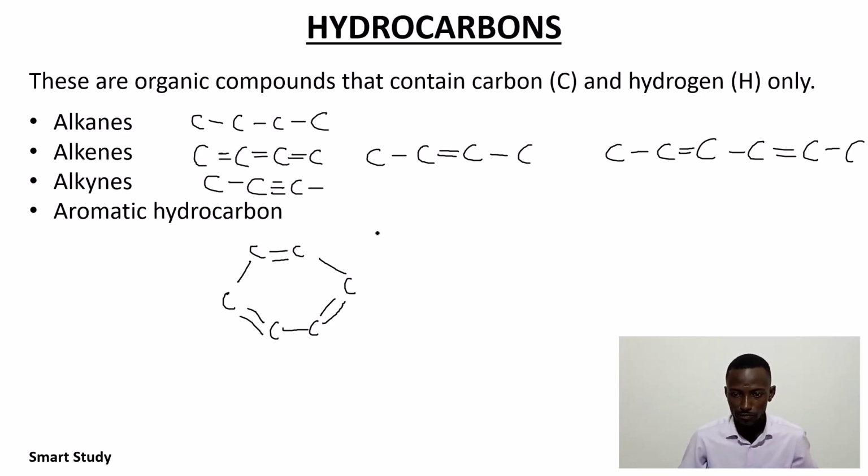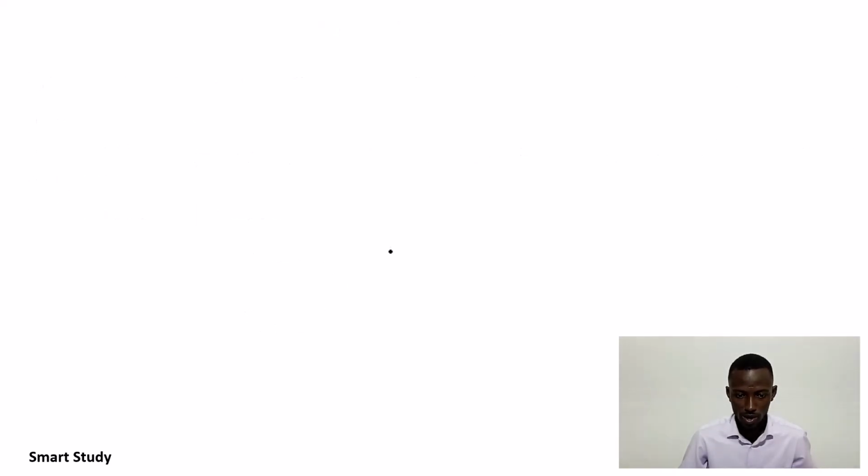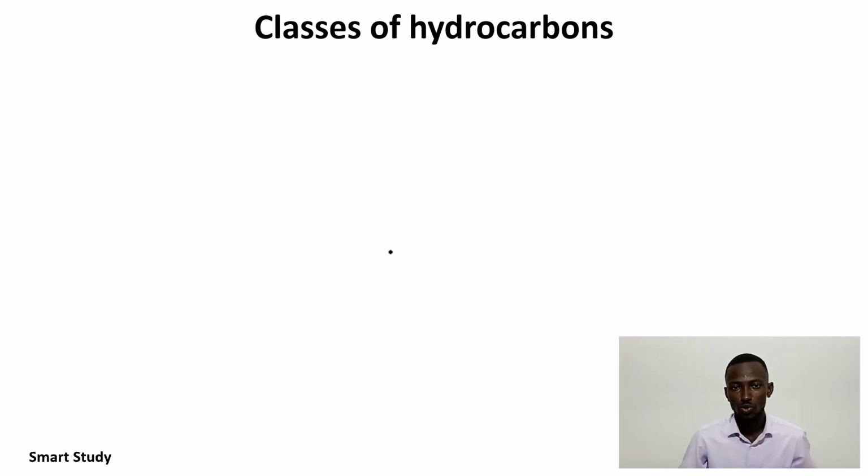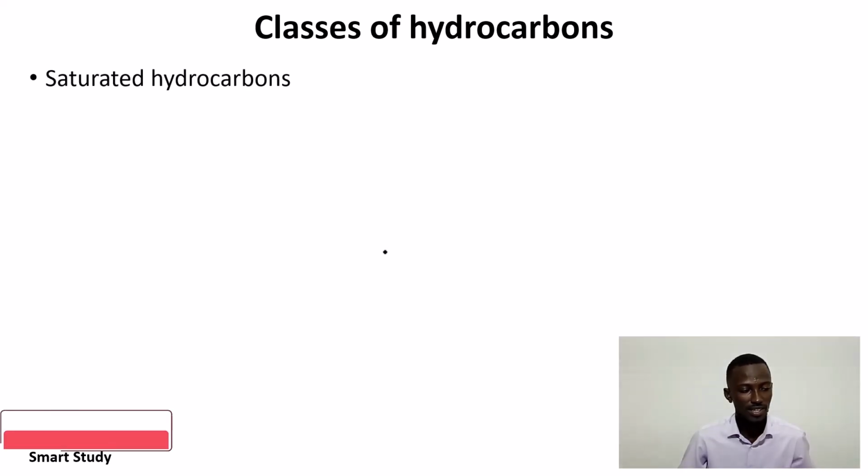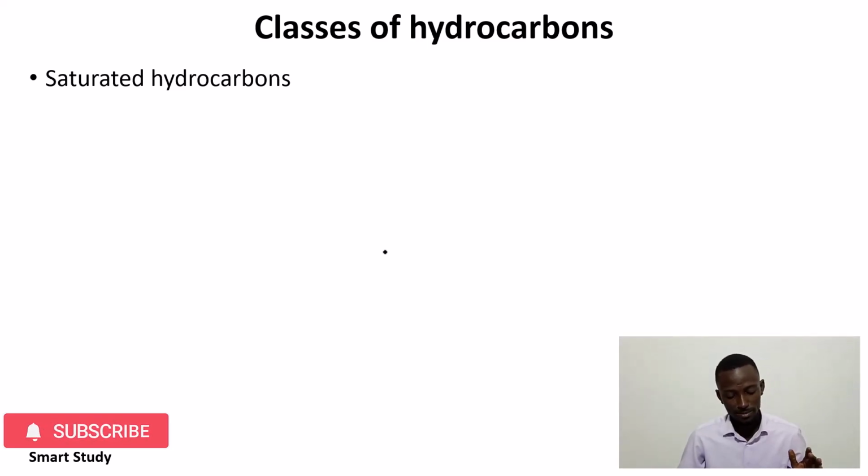Now, these four groups of hydrocarbons can be put into two main classes. And the class to which these hydrocarbons belong depends on the nature of the bond it has, either being a single bond or a double bond.